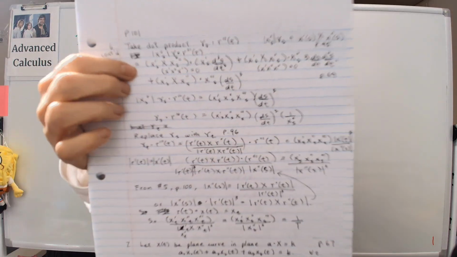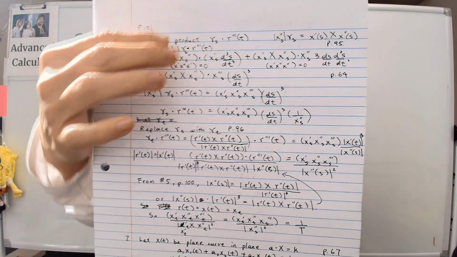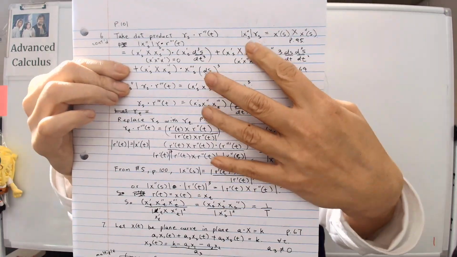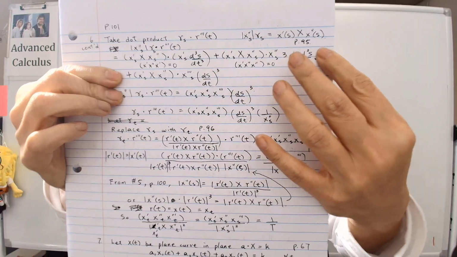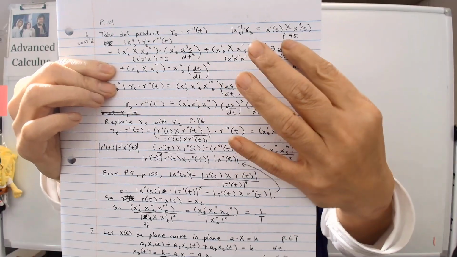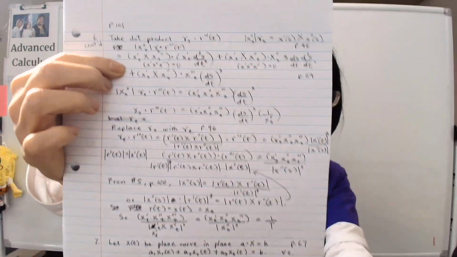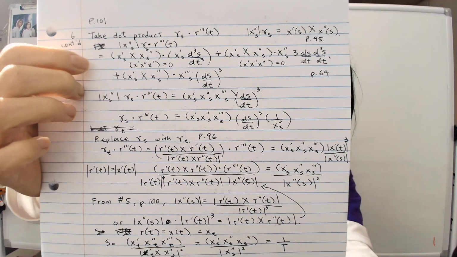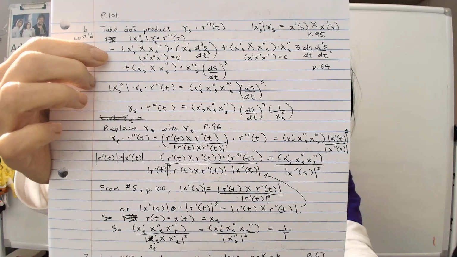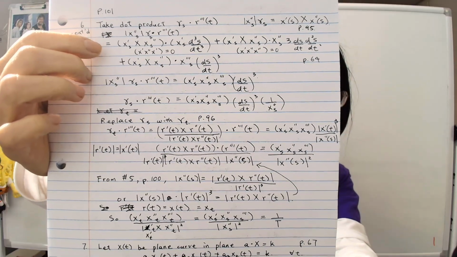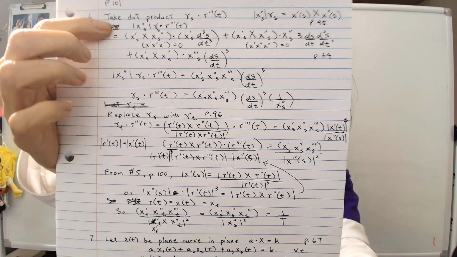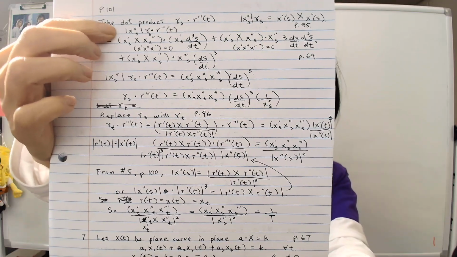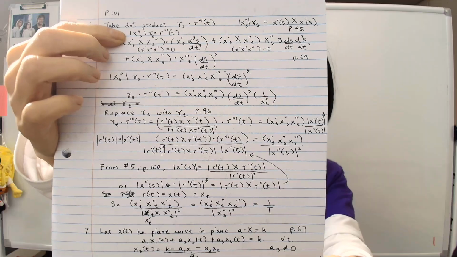All right, so that's what I did. So I took the dot product, remembering that this is the relationship for gamma s. Well, anyway, to do the dot product, I only wrote the magnitude of gamma over here, because I don't want to write it all the time, and because we only care about the direction.